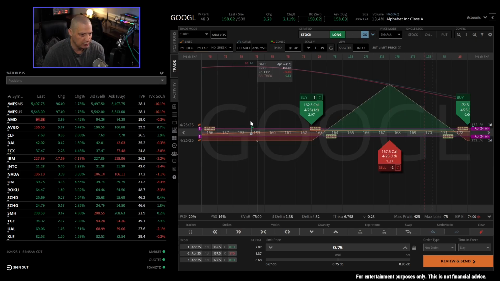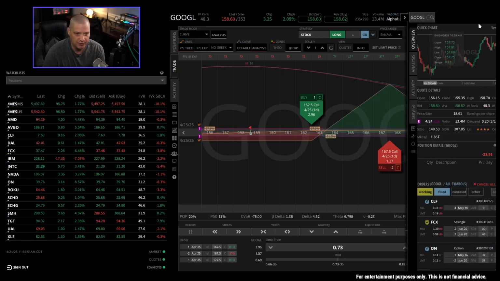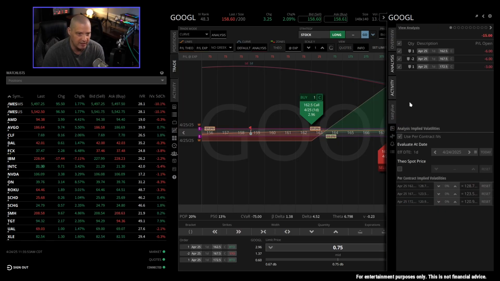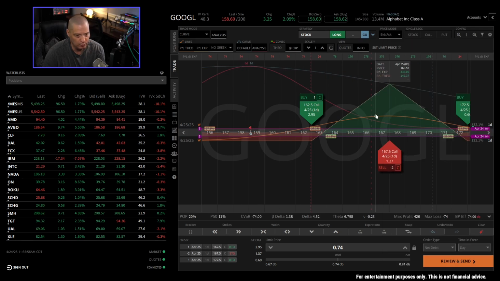So Google is currently trading right here. If tomorrow I get the up move that I need, we will trade into this tent area. And if I go forward a day on my analysis here, go forward tomorrow, if we're trading here, say in the morning, I'm going to profit somewhere around $140, $150, and that's early in the day. Later in the day, we start creeping up to potentially the max profit right here at the peak of $427.